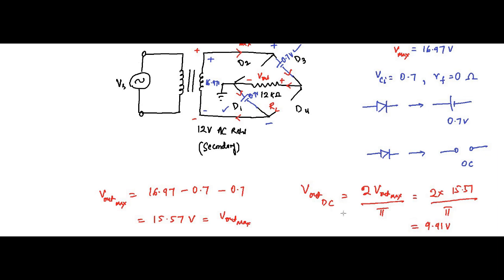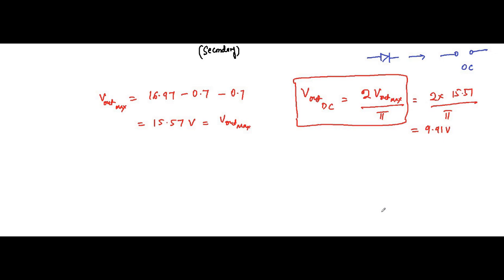Always remember these formulas. The DC value is 2 V max by pi. For a full wave rectifier, the RMS value is V max by root 2. For half wave, the DC value is simply V max by pi or I max by pi, and the RMS value is I max by 2, V max by 2. These formulas are very important, you should remember.